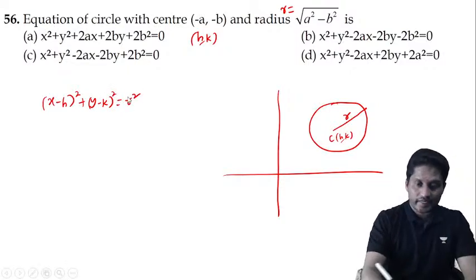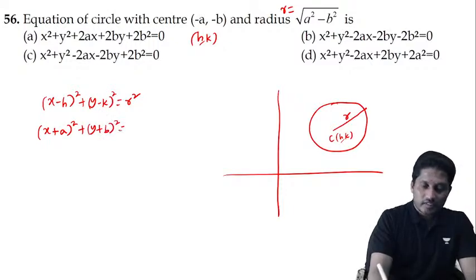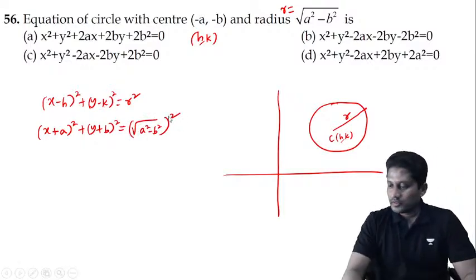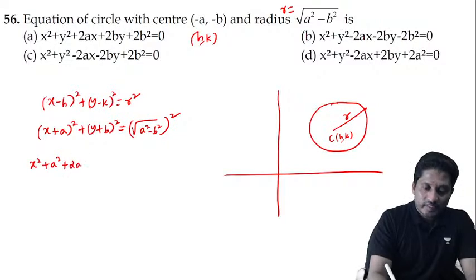So (x minus h) the whole square plus (y minus k) the whole square is equal to r square. That is equal to root of (a square minus b square) the whole square. x square plus a square plus 2ax, again y square plus b square plus 2by is equal to a square minus b square.